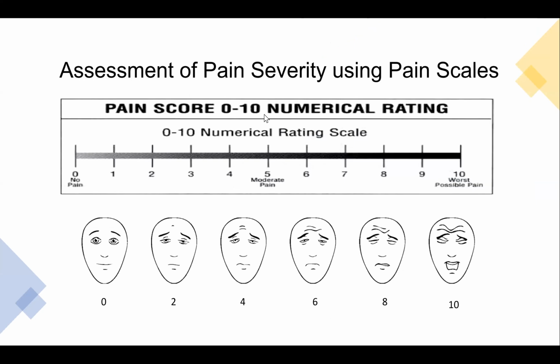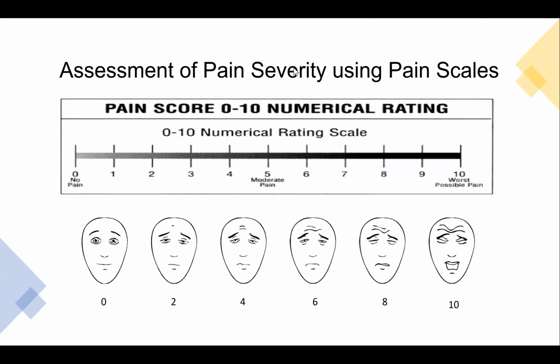So we have some scales that are used to assess the severity of pain. And there are scales that have been validated for use in adults and children. So for adults who are literate, we use the numerical rating scale, which is a scale that has a 0 to 10, and we ask the patient to choose the number that corresponds with their pain.